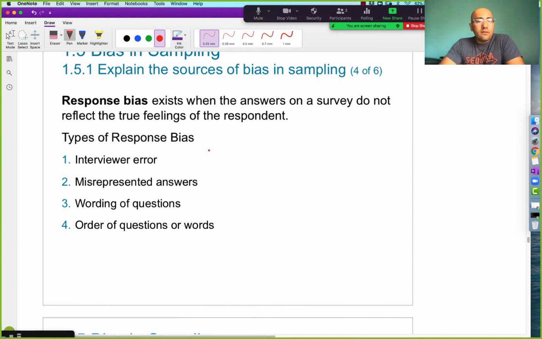So it could be a misrepresentation there. The wording on questions, the actual phrase used, has an impact. We have found that the actual language used when you ask a question impacts how people respond to it.